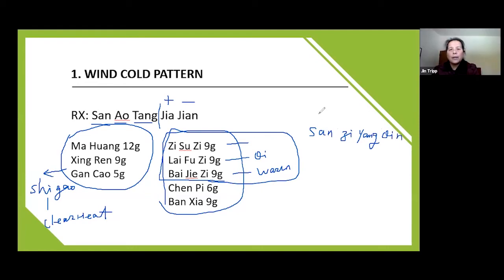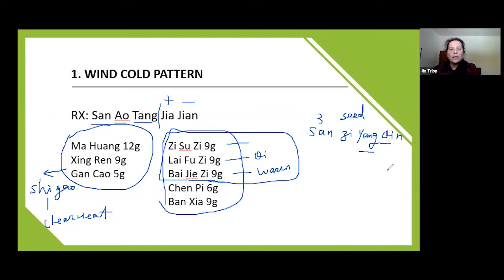San means three herbs. 子 means seeds. Yang is to nourish, and 亲 is like a family member. It is pretty good for warming the lung and stopping cough and phlegm.